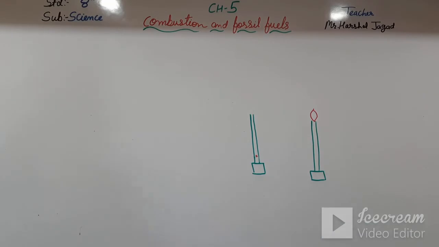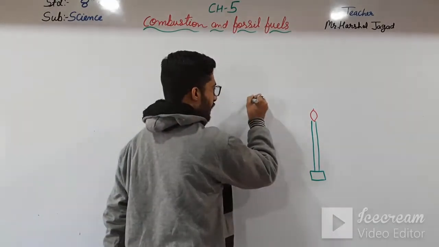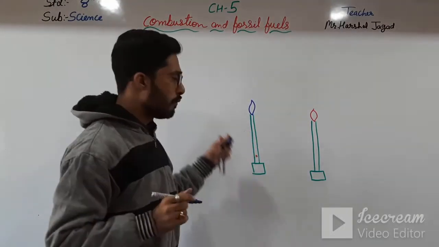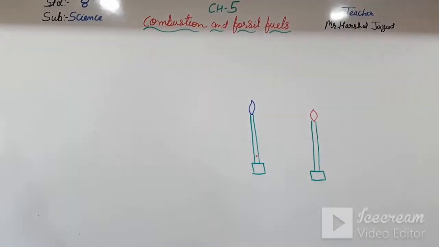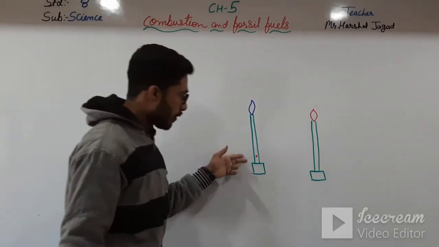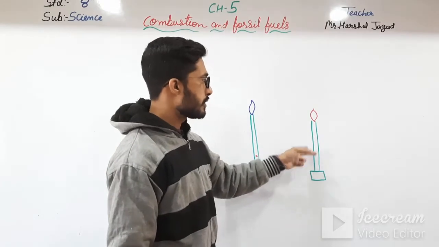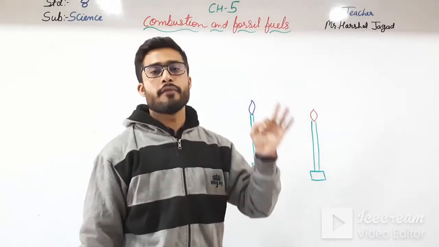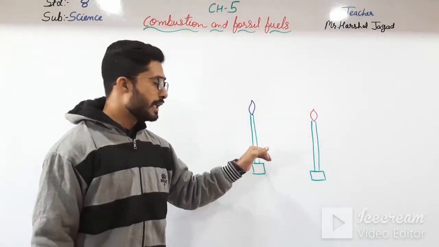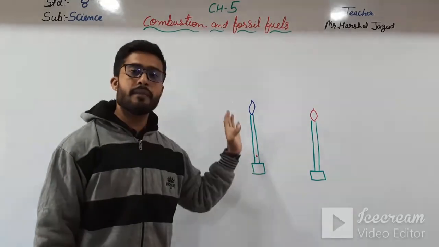Okay, students, here you can see, if the hole is open, then you can see a blue flame, and if the hole is closed, then you will see the red flame which I have drawn here. Why is it so? Because from this hole the flame gets air.